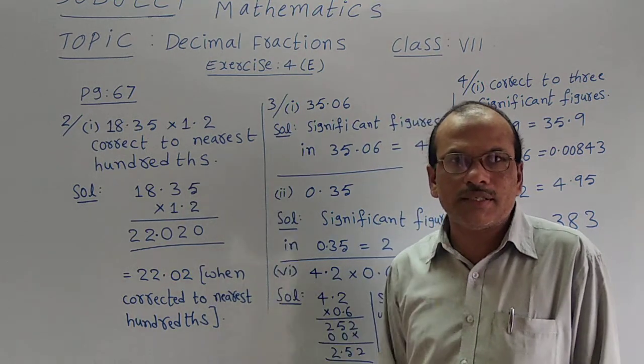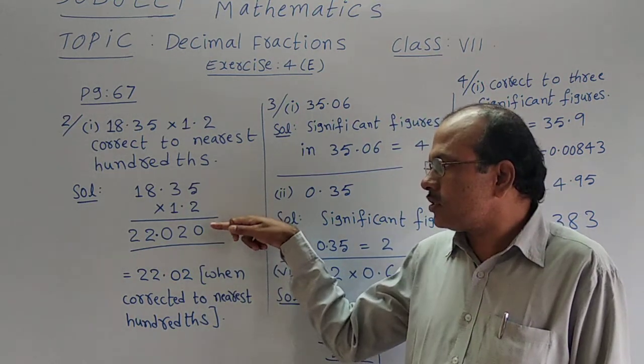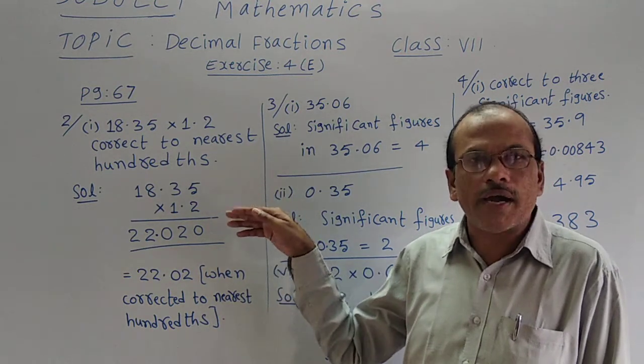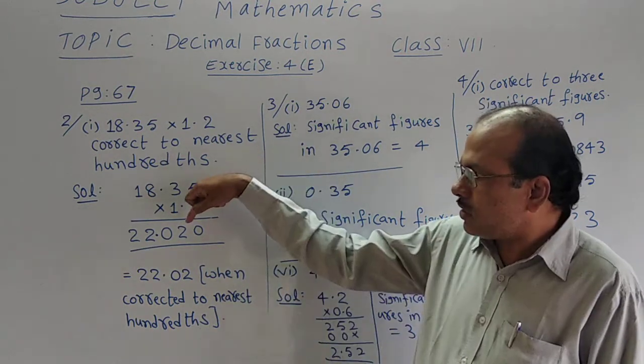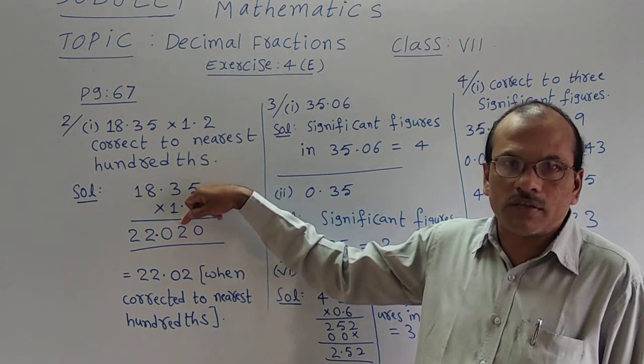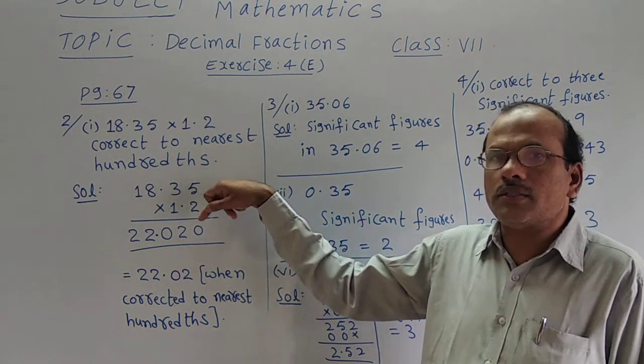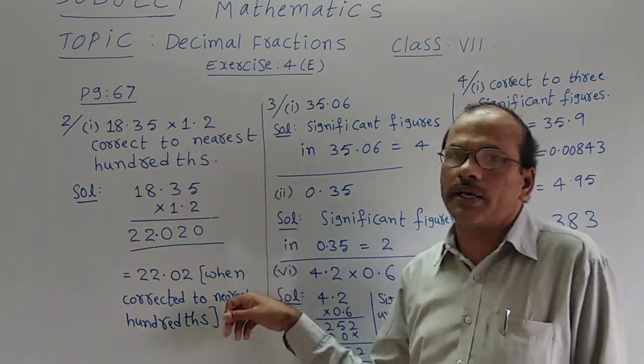Is it clear now, students? This 0 is in the 1000th place, that is 0, and we can ignore that. Up to the 100th place, that is 10th, 100th, we want, so directly I have taken.